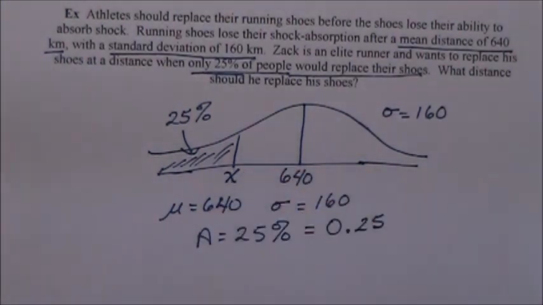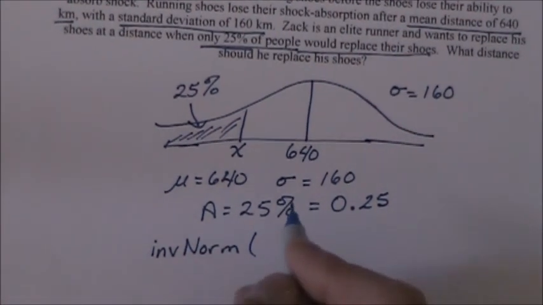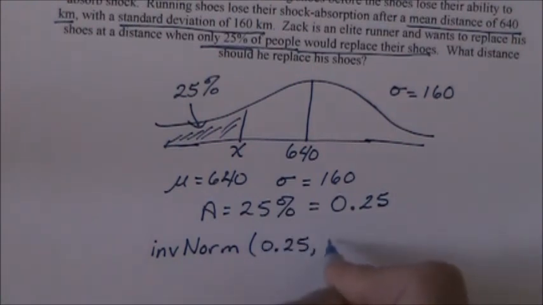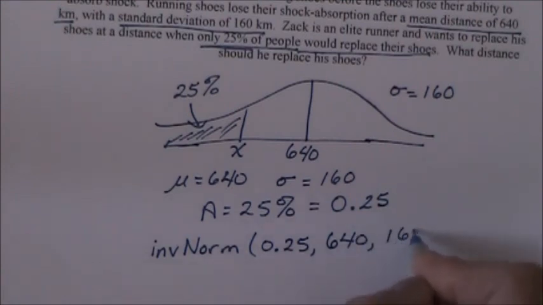We want to know what that distance is. So this time we're looking for an x value. So we have our inverse norm. The area is 0.25. The mean was 640 and the standard deviation was 160.